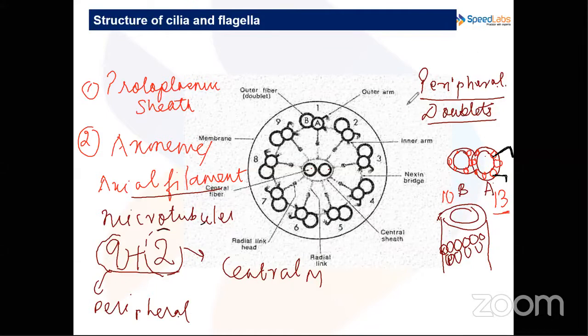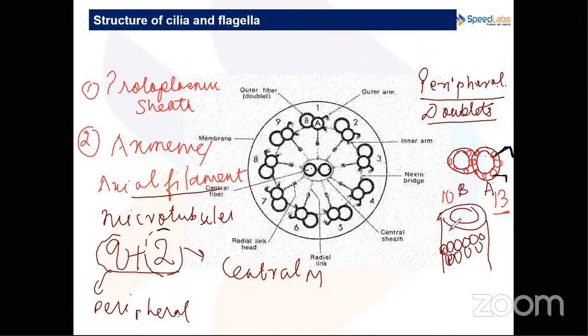We are talking about the peripheral microtubules. They are doublets, which means they have two units, A and B. A is made up of 13 protofilaments in its wall and B has 10 protofilaments in its wall. Additionally, A has two arms. One is smaller and faces inwards and one is longer, faces outwards and has a curved end.